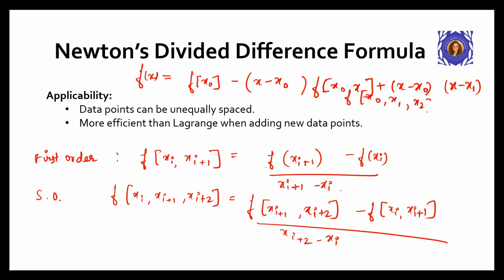And this continues further based on the number of data points you have. Advantages are that the divided difference table allows reusability in this case and is efficient when new data points are added.